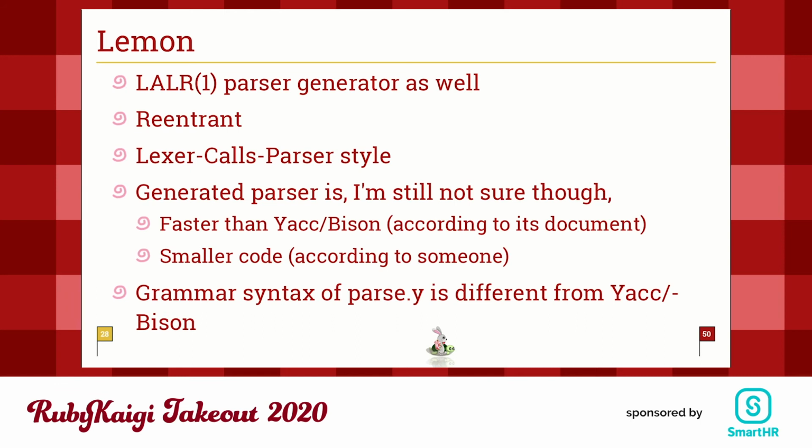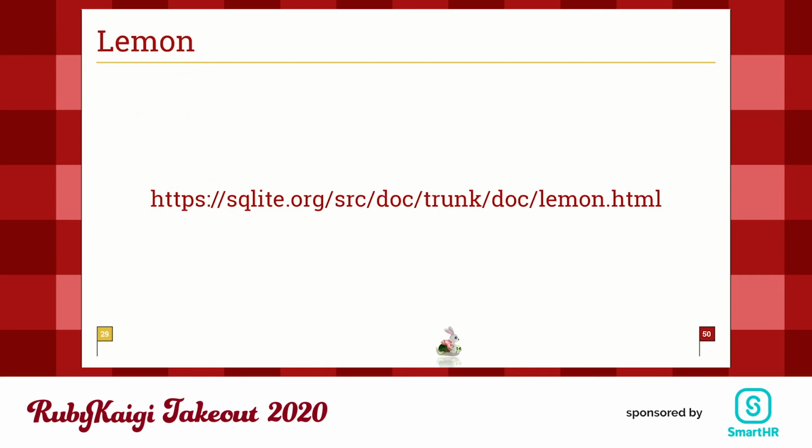That's why I use Lemon instead of Bison. And although I don't have enough time to explain, the grammar syntax of parse.y is different from Bison. This is the official page for more details about Lemon. Please check it later.